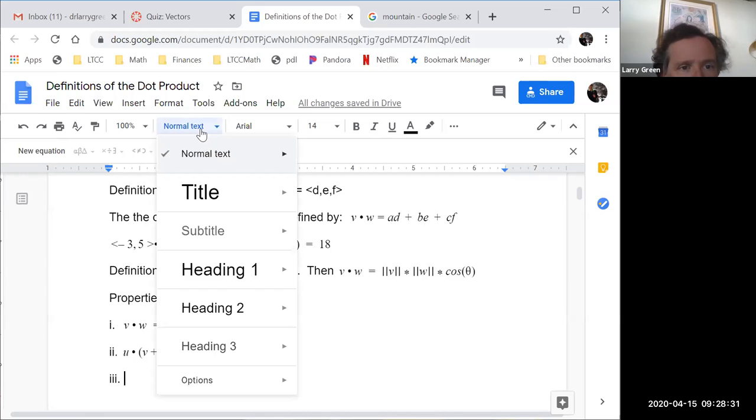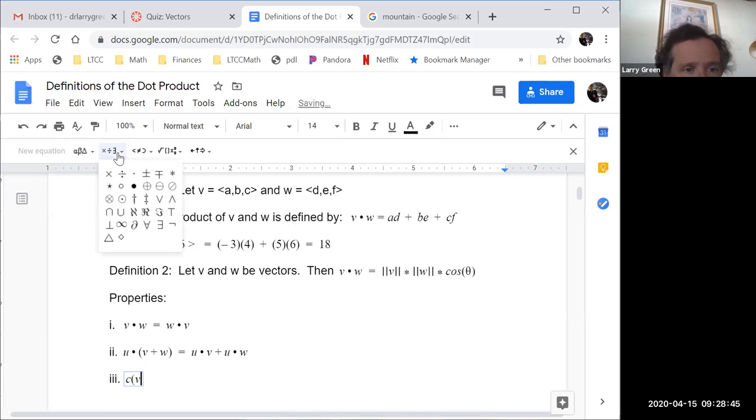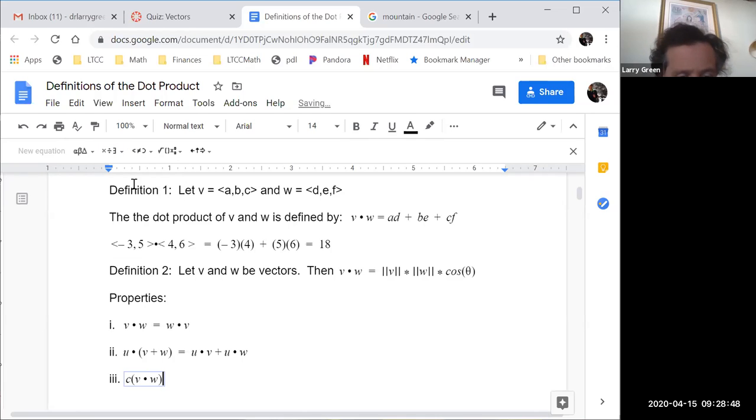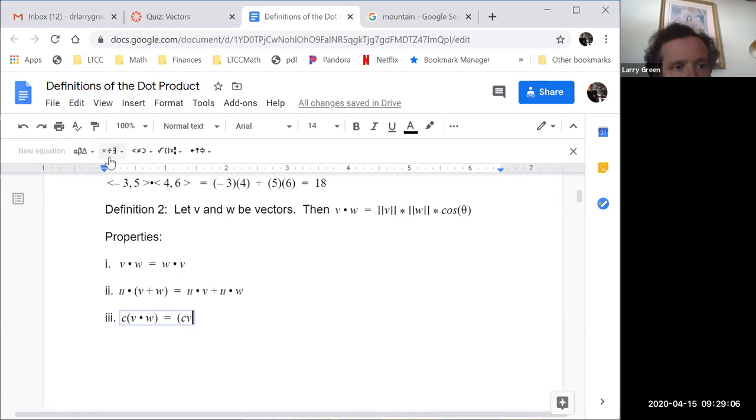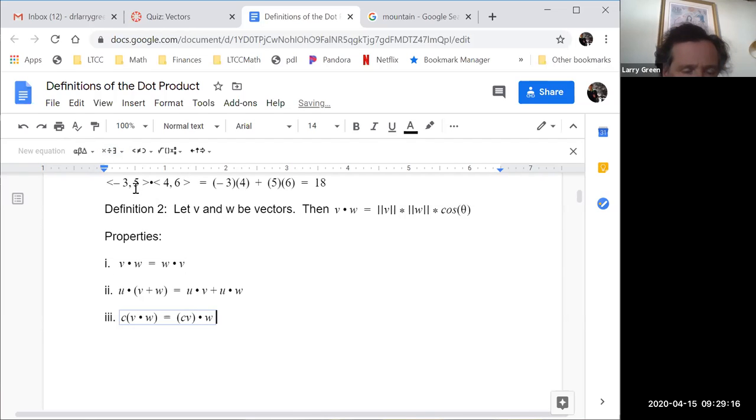And what that says is C times U dotted with V is equal to CV dotted with W. And by the way, you can put the C into W if you want also.